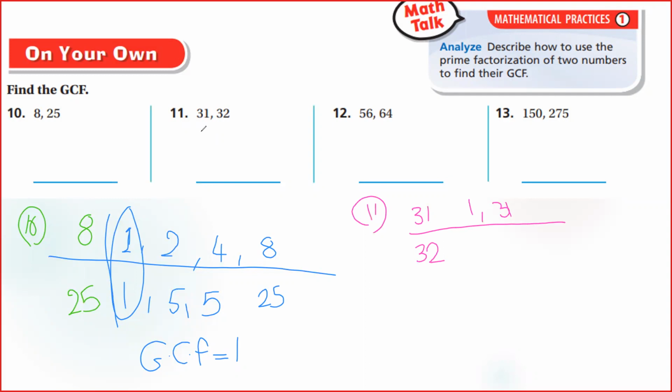What about 32? 1 and 32, 2 and 16, 4 and 8. Now, what is the common factor here? 1 only, bravo, because 31 and 32 have no common factor. So the greatest common factor will be 1.